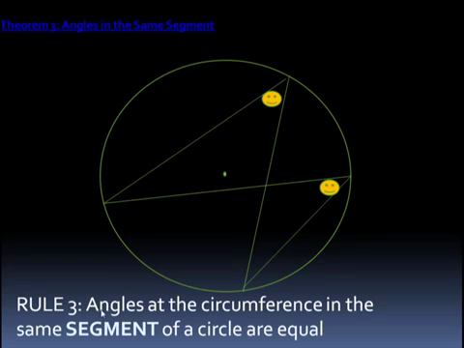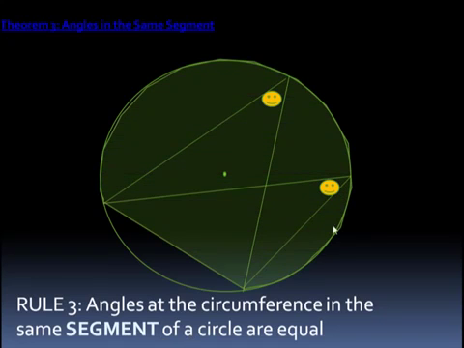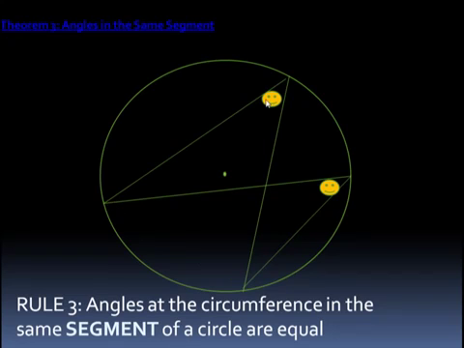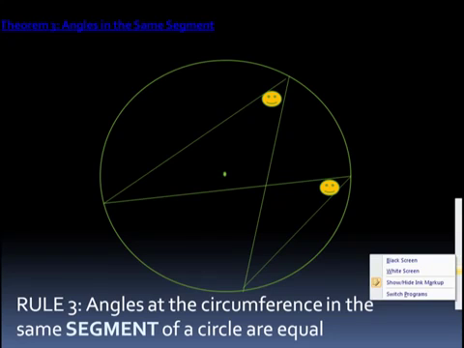Well, it brings us to circle theorem 3, that angles in the circumference in the same segment of a circle are equal. Why is that so? If you look at it, let's go back a little, this angle here is standing at this point and this point. Okay, so let me just label those two points quickly.